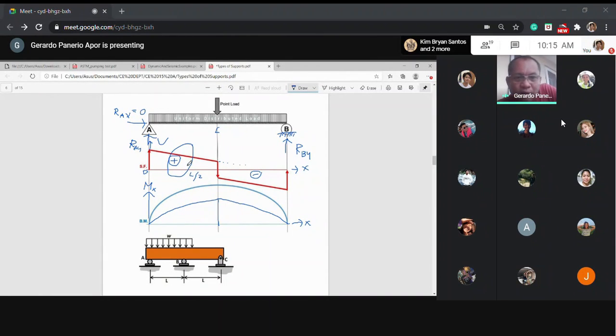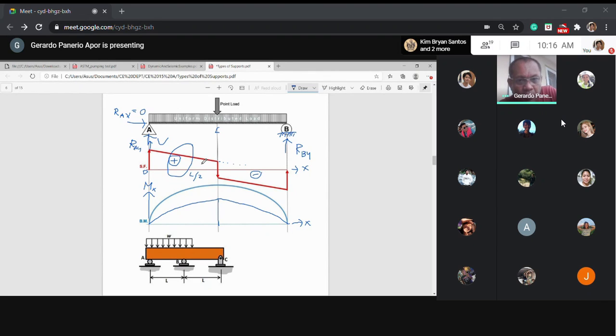And looking at the shape of the shear diagram, it is a trapezoid. So, instead of a constant slope going up, it curves down because of the effect of this one. No? The effect of this one.